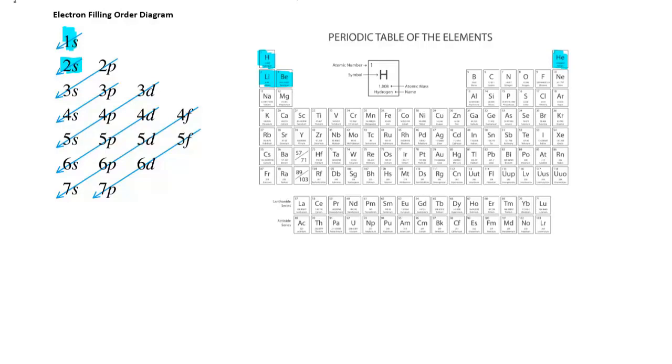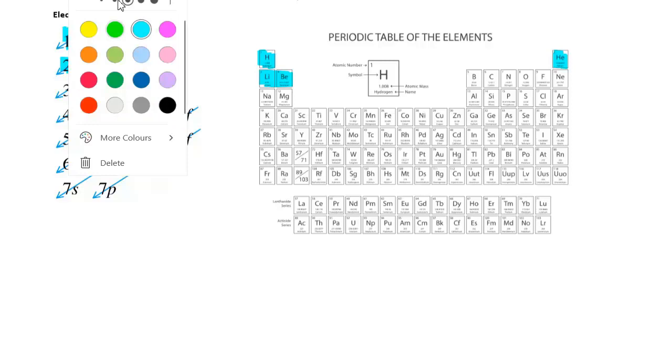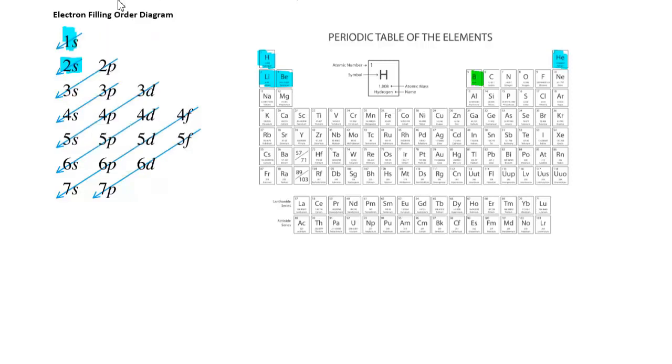And then actually what we do after that is we look at the P subshell, and you can see that the second one in the second period is the P subshell, because it has a maximum of 6 electrons that are possible.